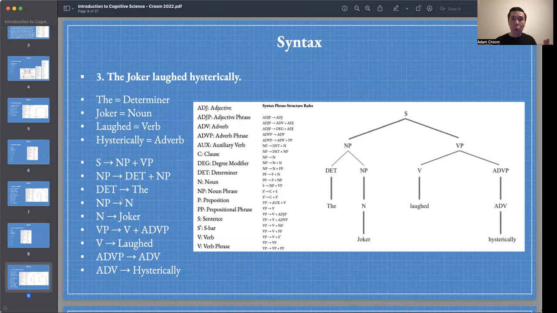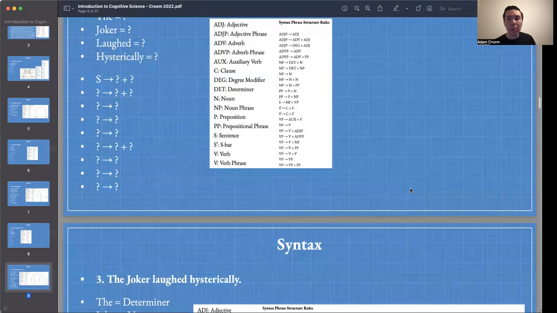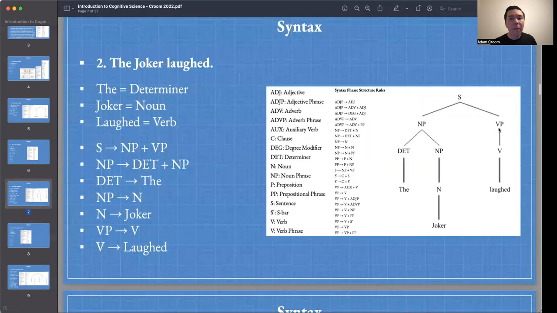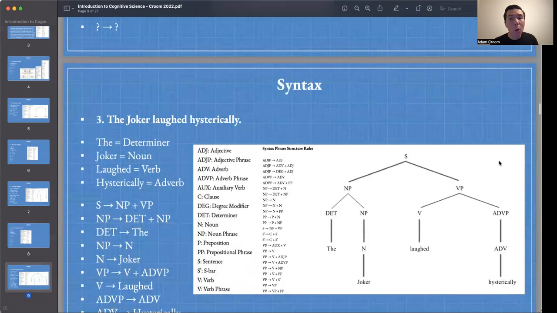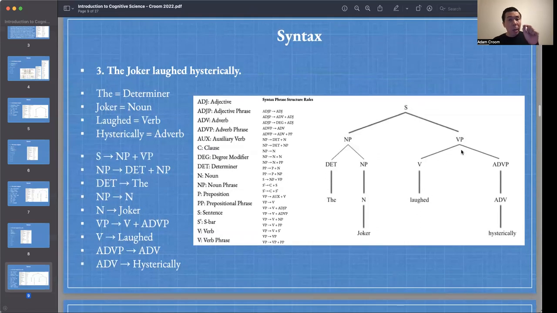Now, in order to provide the tree structure, the new thing that's going on here is, up here, the VP was just laughed. So the VP just took a V and the V took laughed. Here, we're showing you that the VP doesn't have to just take a V. It can also take something different. So we can throw that out, and now we have a VP taking a V and an adverb phrase.